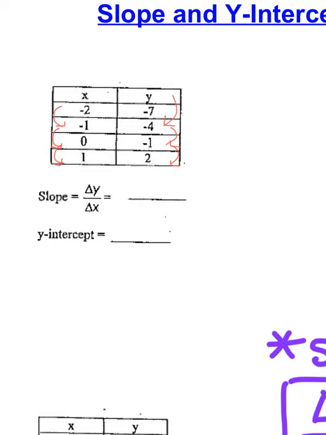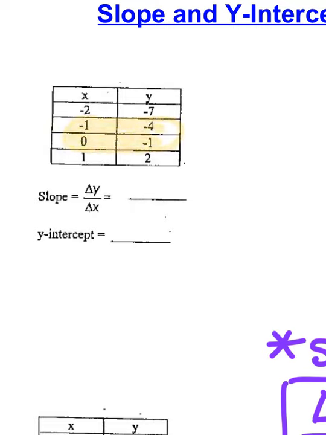Let me get rid of those because I don't want all of that. Just like I did on finding slope from 2 points, I only need 2 points. So I'm going to focus just on 2 of my ordered pairs. Doesn't matter which ones you use, so I'm going to pick these 2.